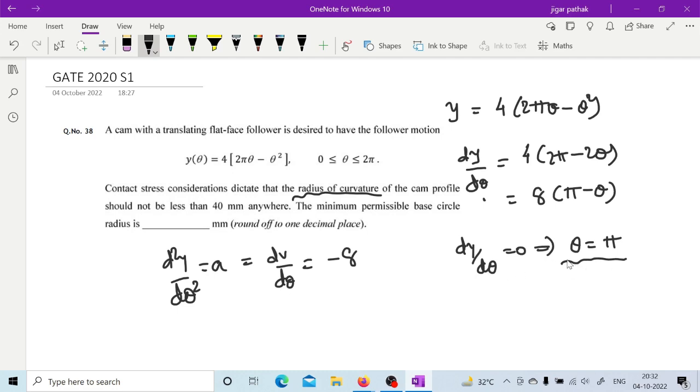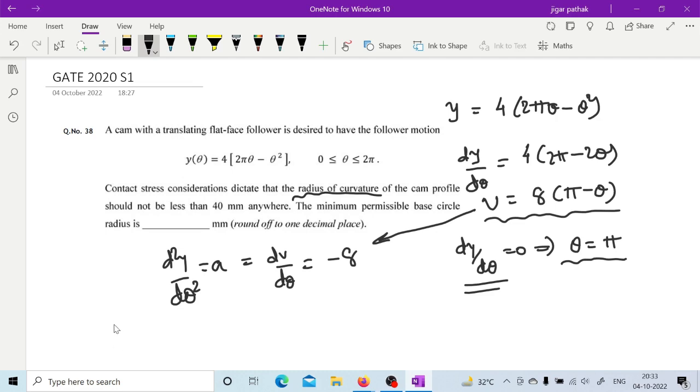We applied the condition dy by d theta equal to 0 for maximum y, so theta equal to pi is a special case for maximum y. But in general, v is 8 into pi minus theta. Okay. So if v is equal to 8 into pi minus theta, then dv by d theta is minus 8, right?